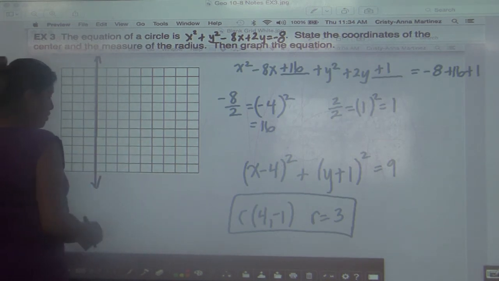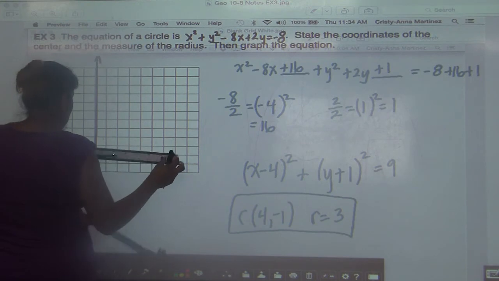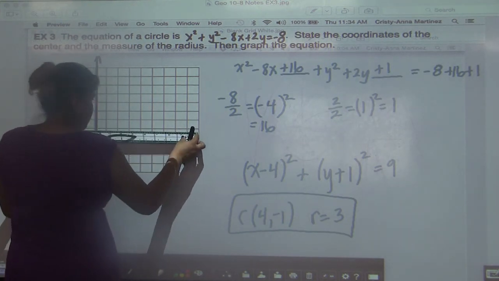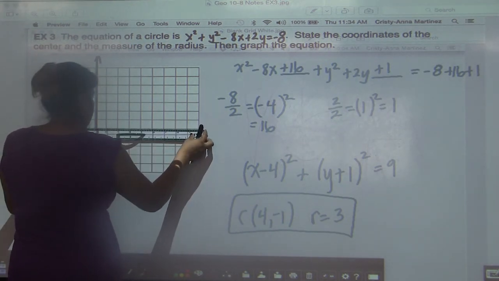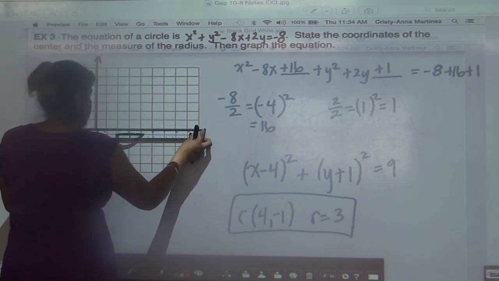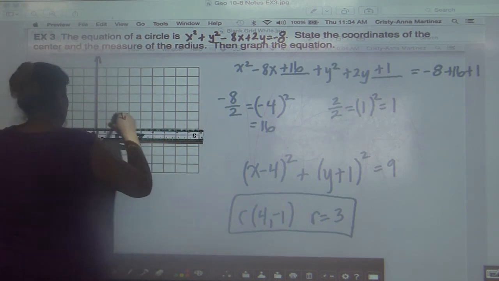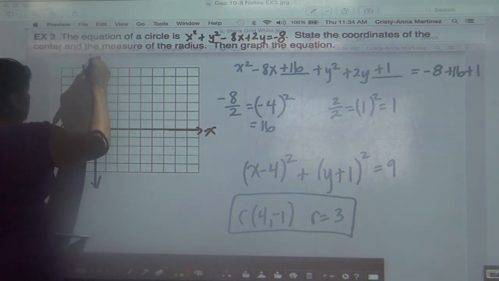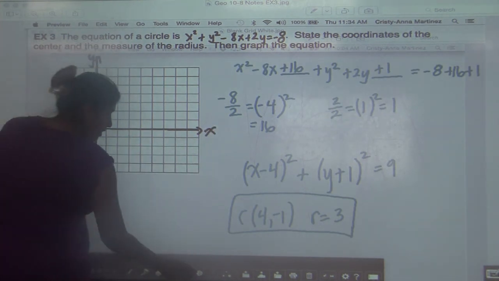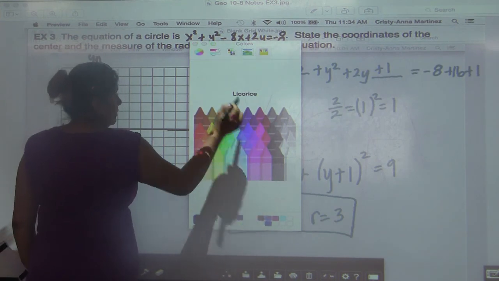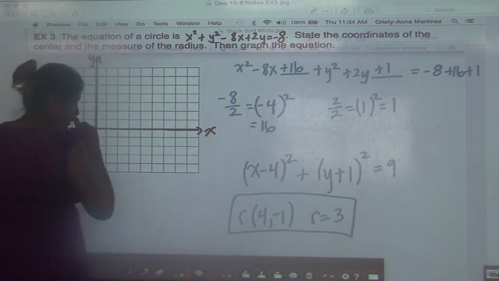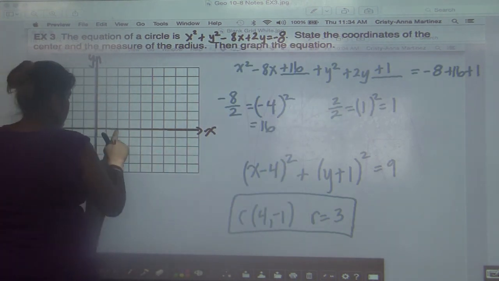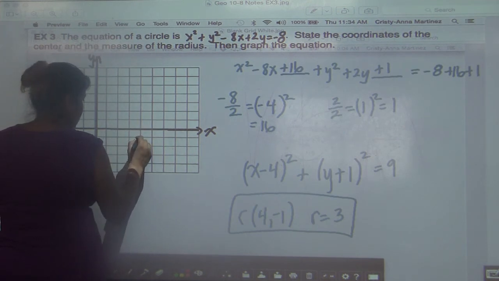So we're going to go to 4, negative 1, so I'm going to go maybe right here. Trying to make sure that my circle will fit on my grid here. So we want to plot our center first. Our center is 4, negative 1, so that's 1, 2, 3, 4, negative 1 will be right here.